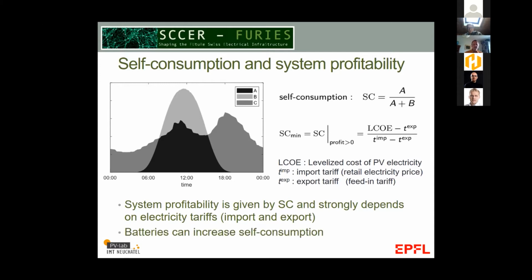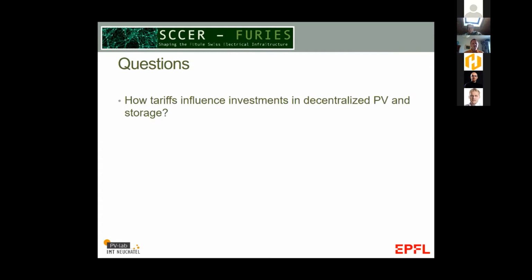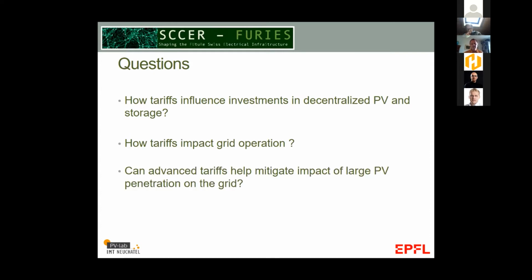And of course, you can increase this self-consumption by also implementing batteries. So the question we ask ourselves is how tariffs influence the investment in decentralized PV and storage, and how tariffs impact grid operation.